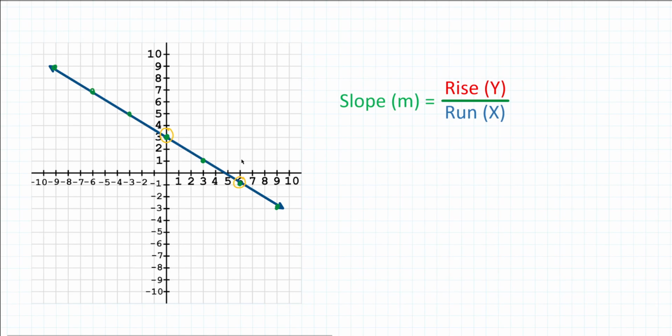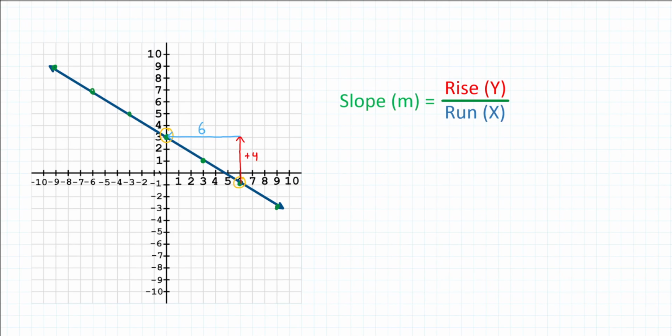Okay. So we're going to count in the upward direction. 1, 2, 3, 4. So since I counted up 4, it's a positive 4. And now we're going to count in the lateral direction, left and right. Left direction, 1, 2, 3, 4, 5, 6. I counted 6 to the left.